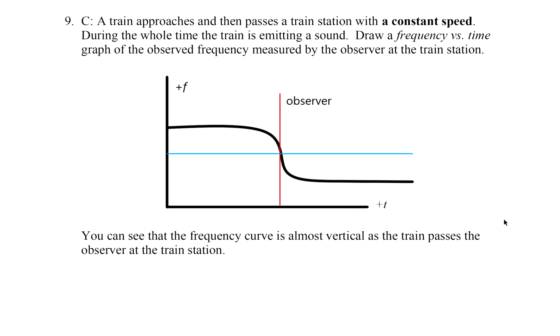Question 9. A train approaches and then passes a train station with a constant speed. During the whole time, the train is emitting a sound. Draw a frequency versus time graph of the observed frequency measured by the observer at the train station.